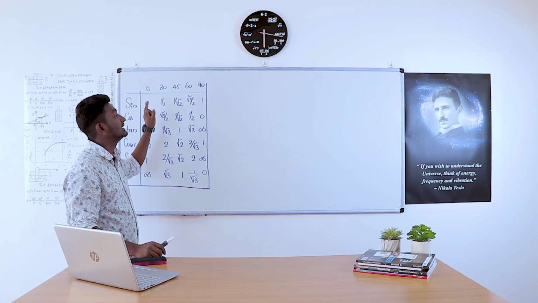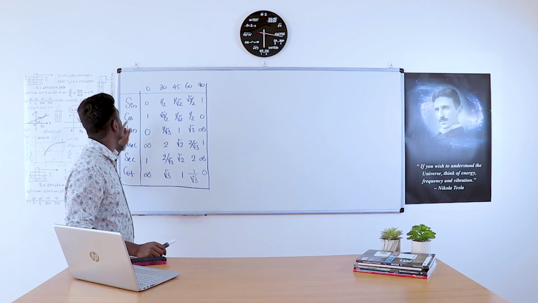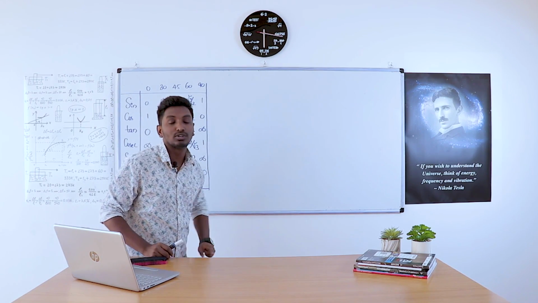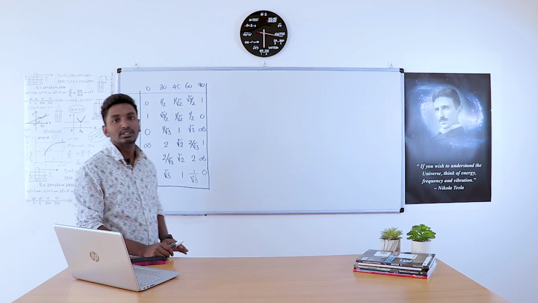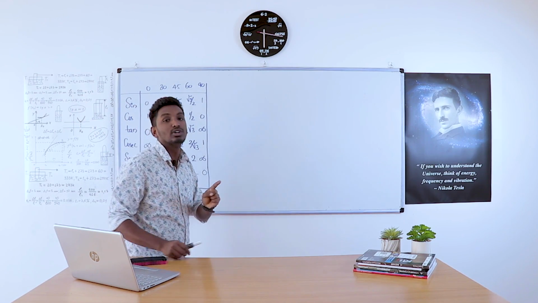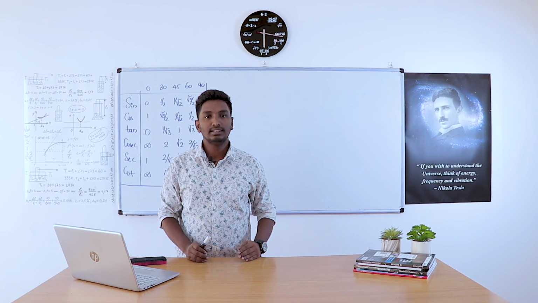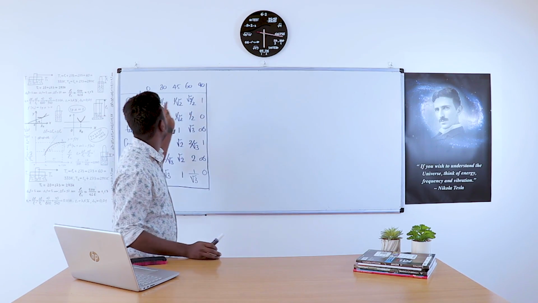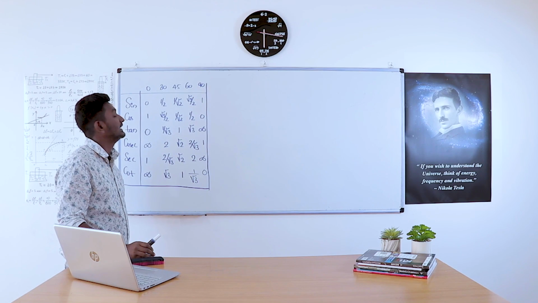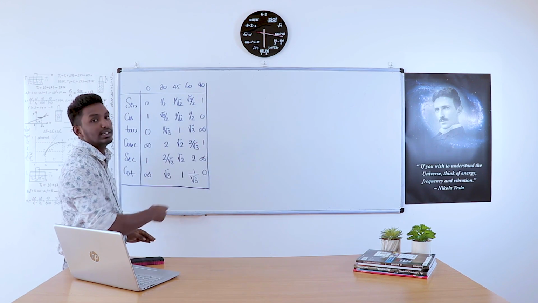For all these angles, you need to study sin, cos, tan, cosec, sec, cot, all the trigonometric values. These values are not given in the question paper. You need to study them.